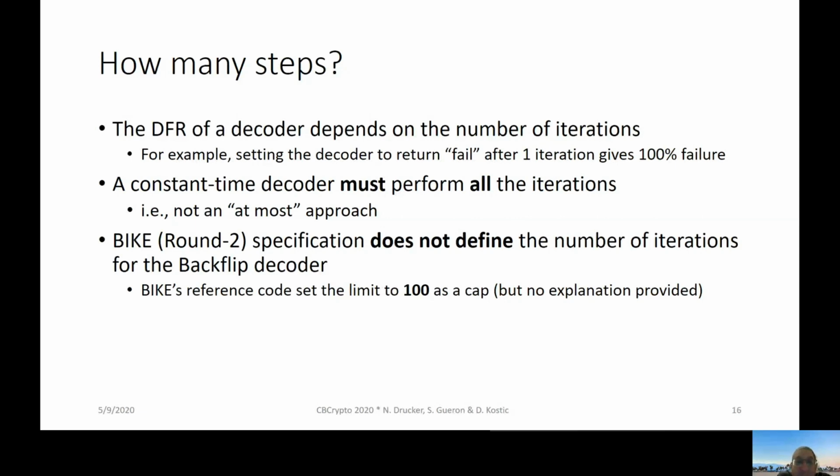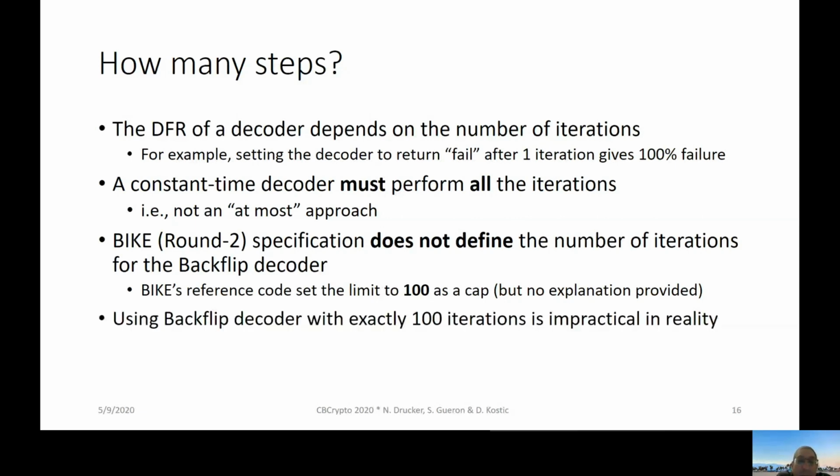And then the question is, what happens if you just execute exactly 100 iterations? Now you get a completely impractical decoder. So the Backflip decoder with a specific number of iterations that are always executed, for example, X Backflip equals 100, is what we call Backflip plus.